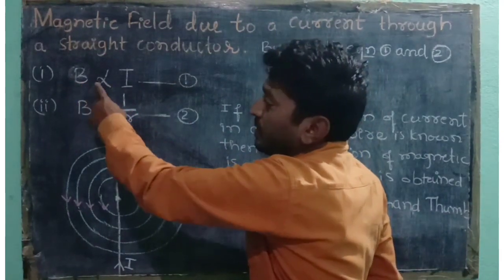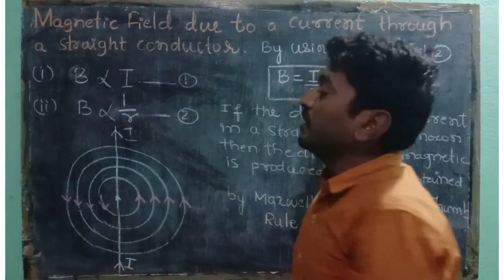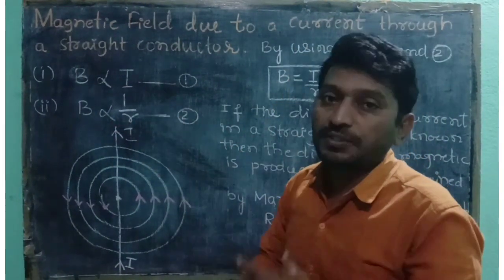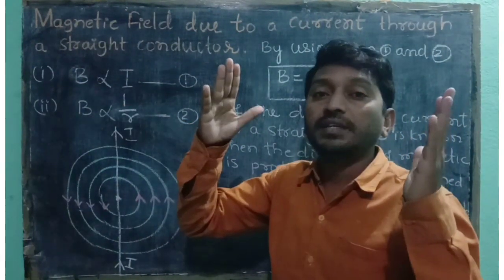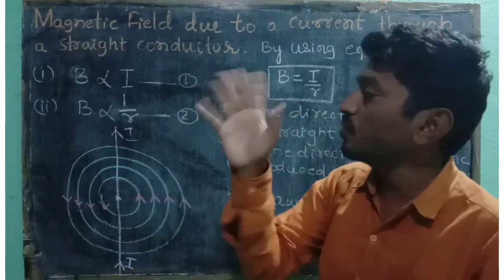If the current is increased, certainly the magnetic field also becomes greater, and it's vice versa.